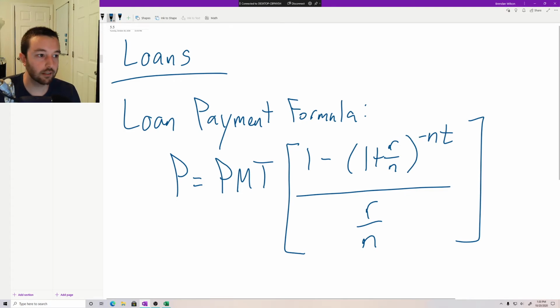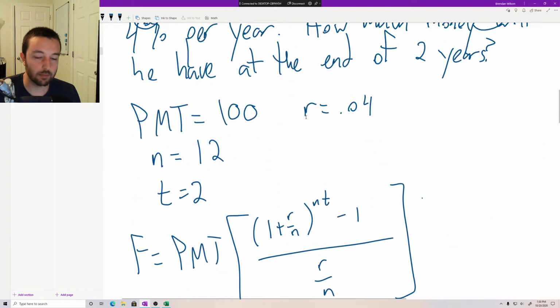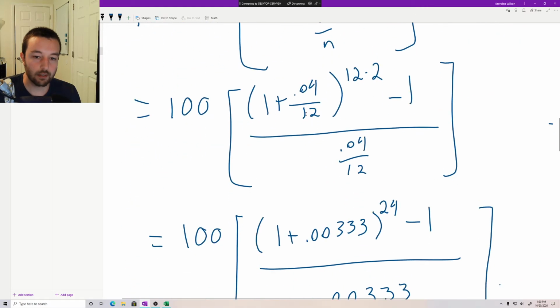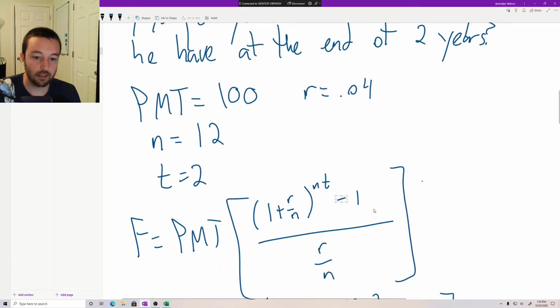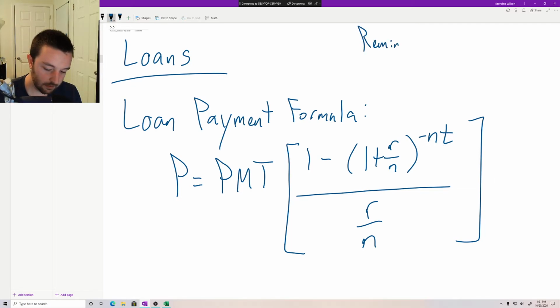With the savings formula, we had minus 1. So instead of doing this minus 1, we're doing 1 minus that, is what I mean to say. Also, instead of having the positive NT exponent, we have a negative NT exponent. As a review of what negative exponents do, reminder: A over B to the negative n is equal to B over A to the n.